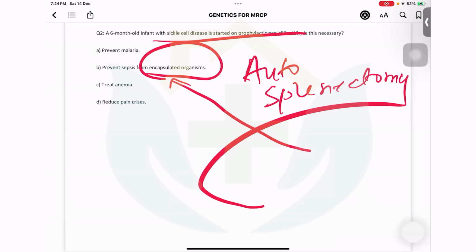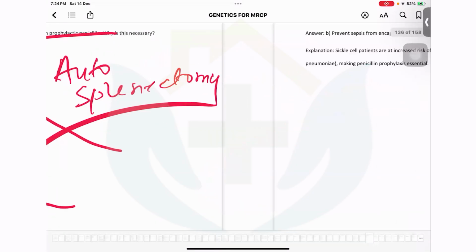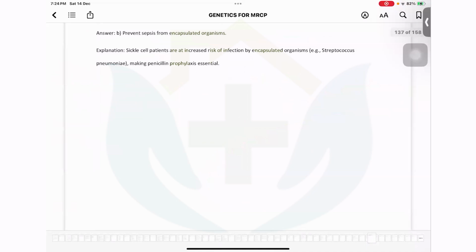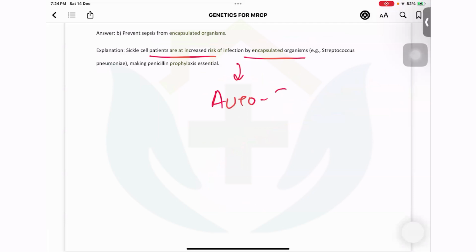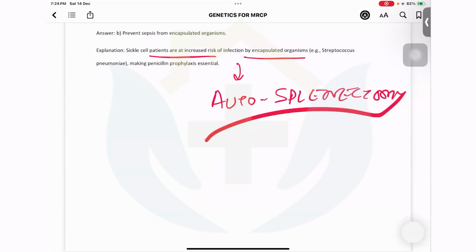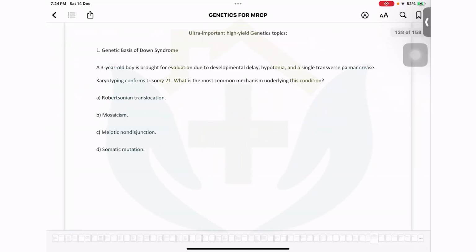Their spleen automatically gets dead. So sickle cell patients are at an increased risk of encapsulated organism infection, making prophylaxis essential. The reason is autosplenectomy, because of recurrent splenic infarcts.